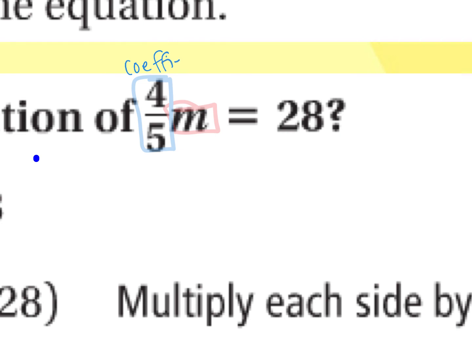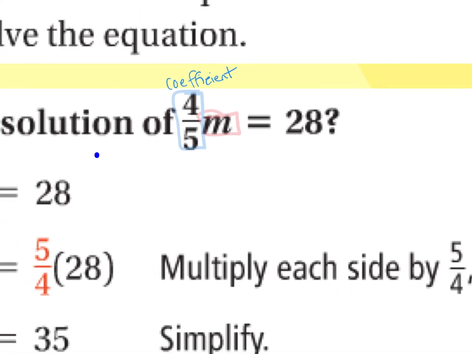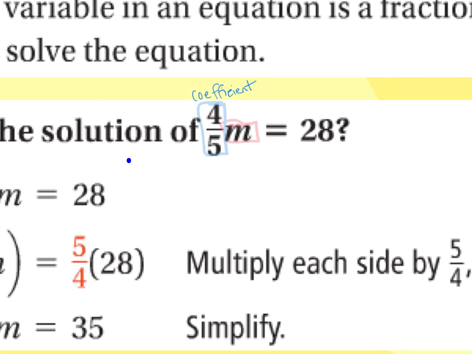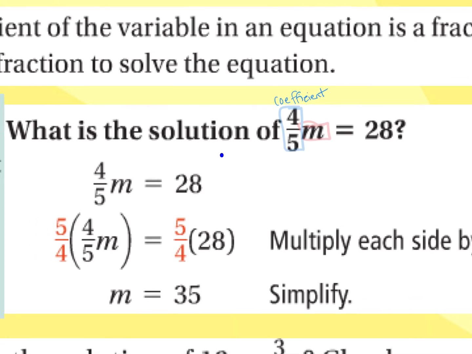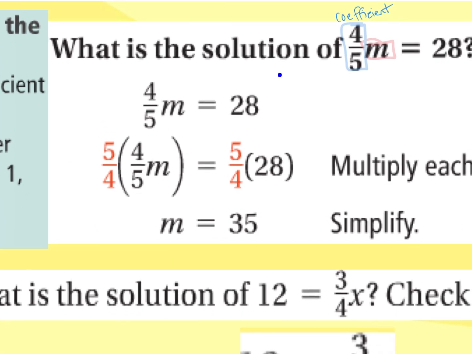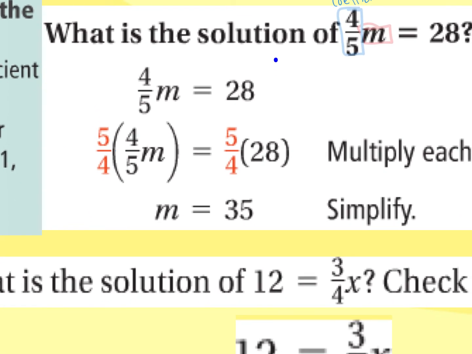So anytime we use that word coefficient, we're talking about the number in front of a variable. Guys, whenever that number in front of the variable is a fraction, like 4/5, the quickest and easiest way we get rid of it is we multiply both sides by the reciprocal or the refliprocal. I'm multiplying by 5 over 4.